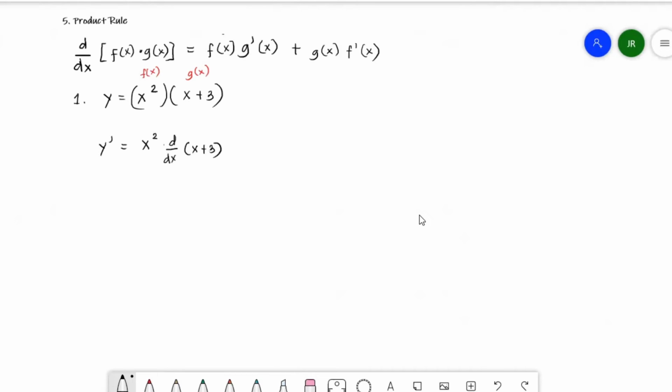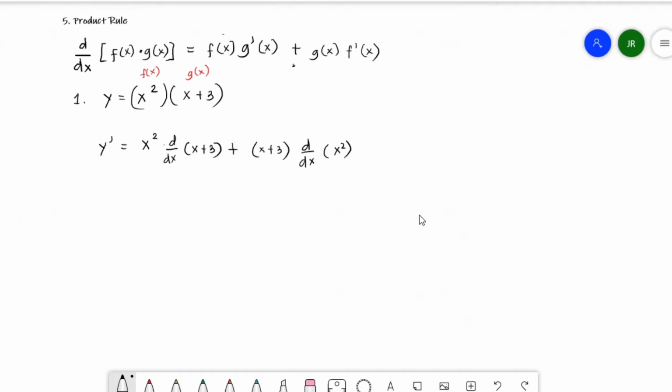Then, yung operation natin ay addition. So, plus. Kopyahin yung g of x, which is x plus 3. Tapos, imumultiply daw natin sa derivative ni f of x. So, multiply by the derivative ni f of x, which is x squared.